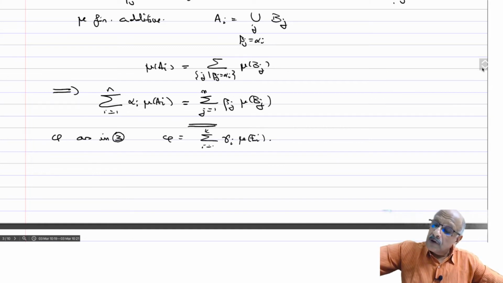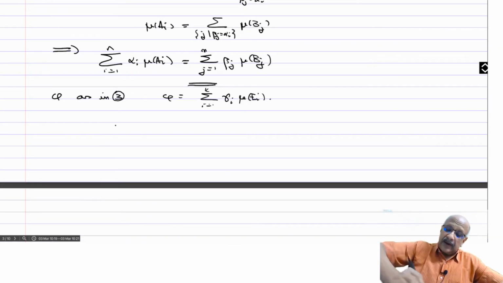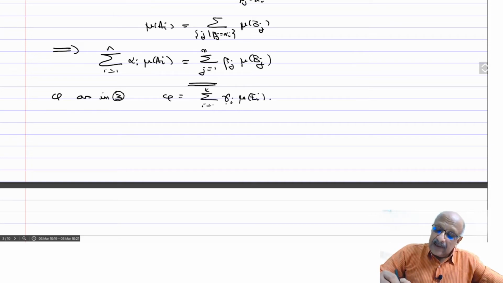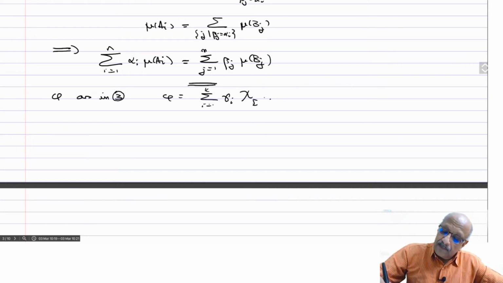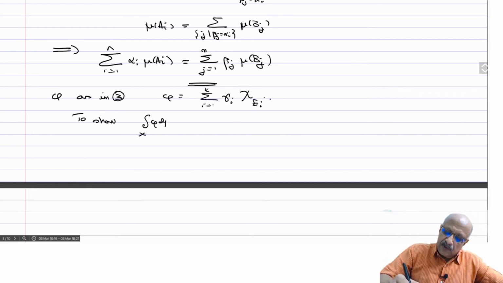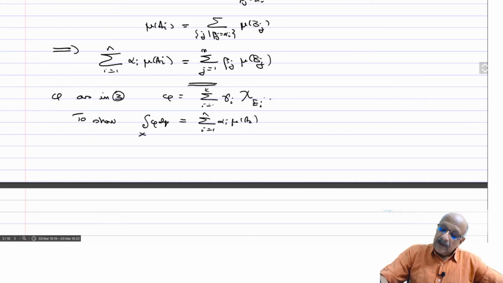So we want to show that in this case also we can write the integral over X of phi d mu, which is equal to sigma i equals 1 to n alpha i mu of Ai, as sigma i equals 1 to k gamma i mu of Ei.